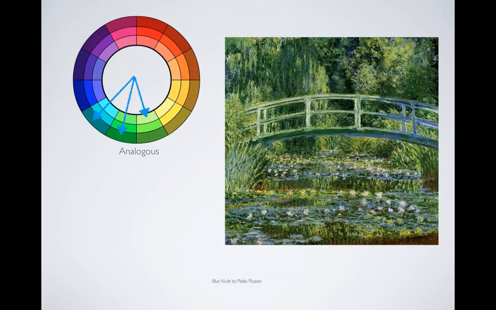Here's our analogous example, an example from the fine art world. Not the Blue Nude by Pablo Picasso, as it says. This is actually a Claude Monet painting, and I don't know the specific title. But you can see how the colors are relatively close to each other.